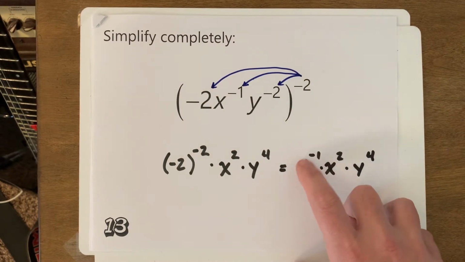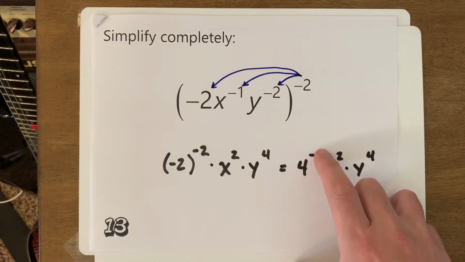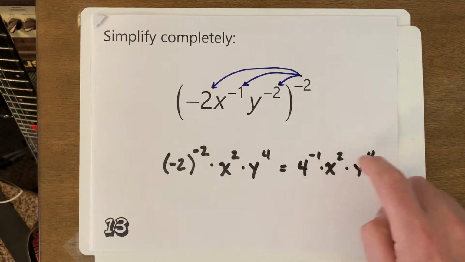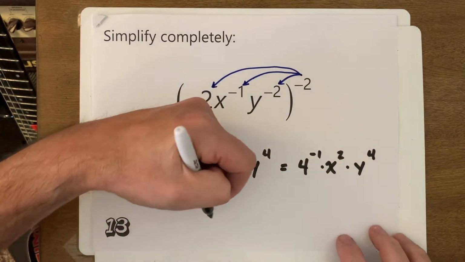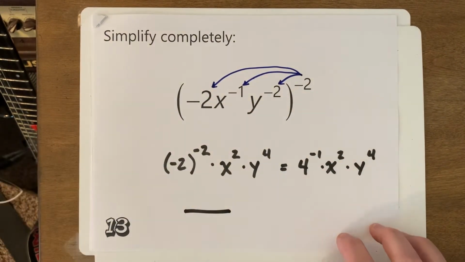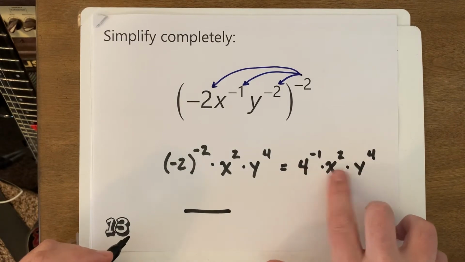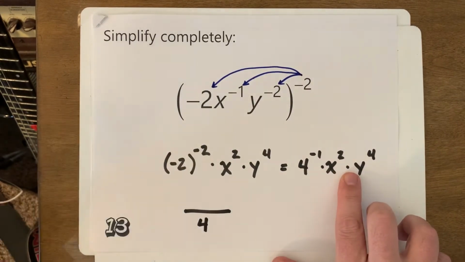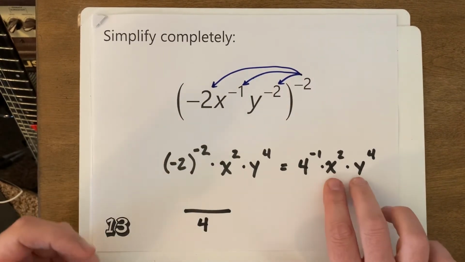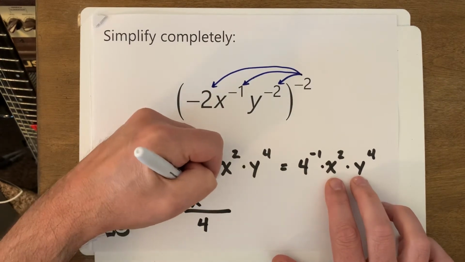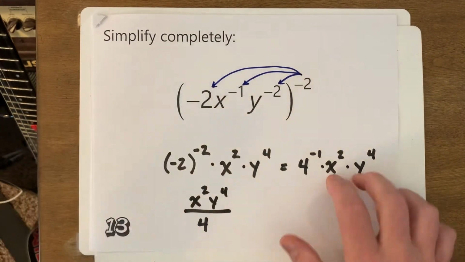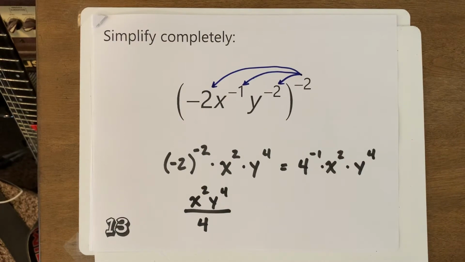That 4 to the negative 1 is going to flip that 4 only. These two guys do not have negative exponents. So my final answer is going to have a 4 not in the numerator, but down here. I'm going to flip it down in the denominator. These two guys are going to stay up top. And then that's my final answer right there.